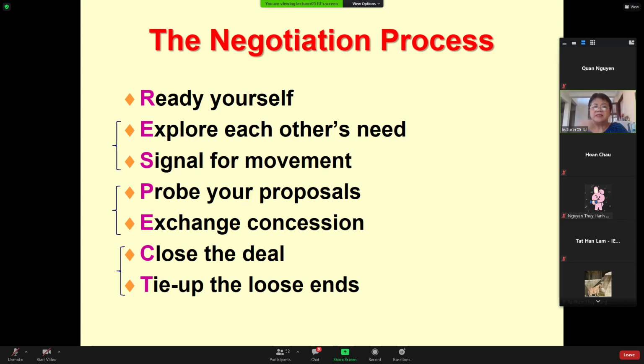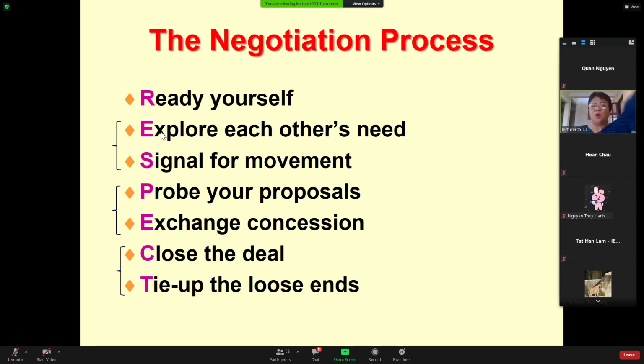The very first thing is you have to get yourself ready, meaning that you understand fully what you need. You understand fully what you are going to buy, either goods or services.